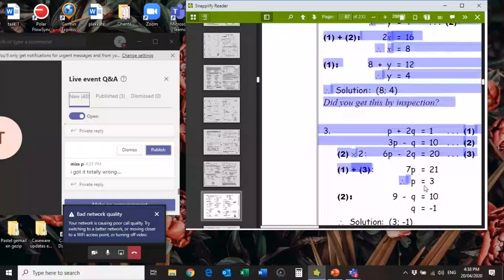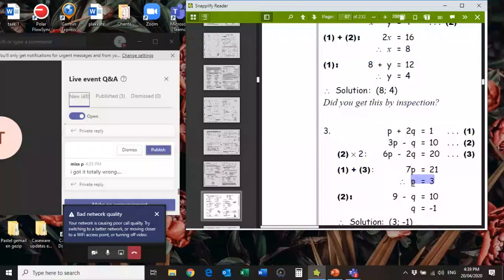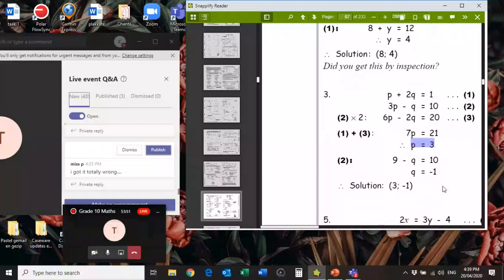So if P is equal to 3 now, what does this mean? Okay, first of all, I already have one unknown. My second step then is to get the other unknown. How do I get that? So I'm substituting this 3 in the second equation. Can you see number 2?